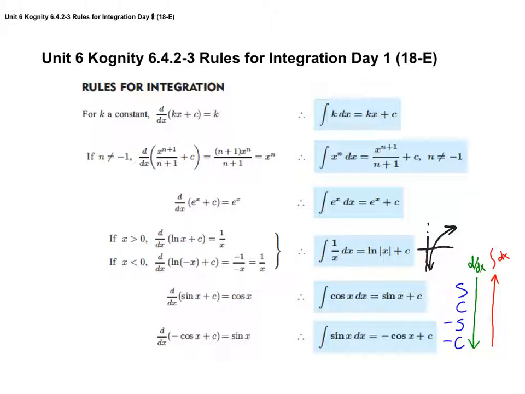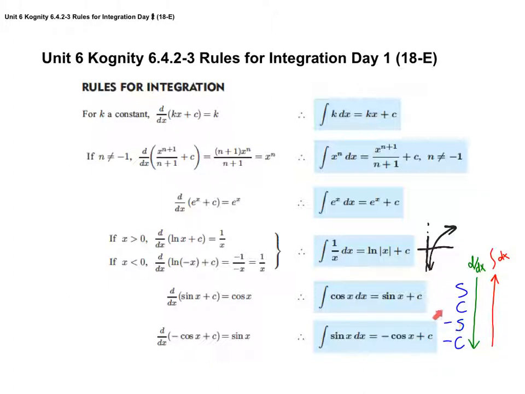So, if you look here, the derivative of sine is cosine, the derivative of cosine is negative sine, the derivative of negative sine is negative cosine, and the derivative of negative cosine, going back up to the top, is sine. However, if I'm integrating, the integral of sine is negative cosine. The integral of negative cosine is negative sine.